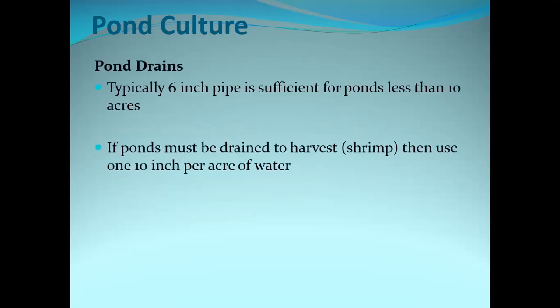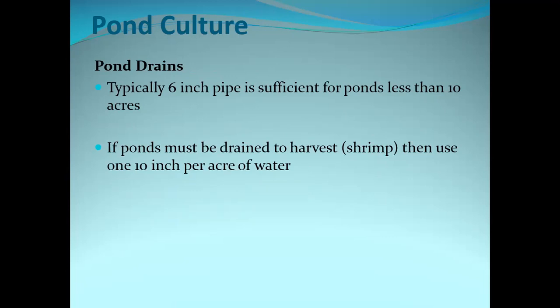So when you have ponds, you want to make sure you're able to drain those ponds, on the deep end of the pond. Remember, I told you that in a typical levee pond, the shallow end will be about 3 feet and the deep end about 6 feet. In a typical pond, you want to drain it with at least a 6-inch pipe.